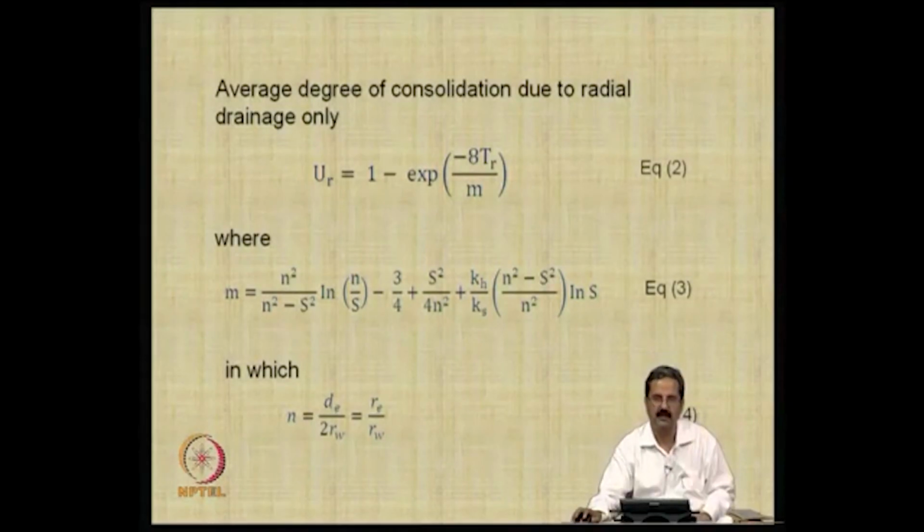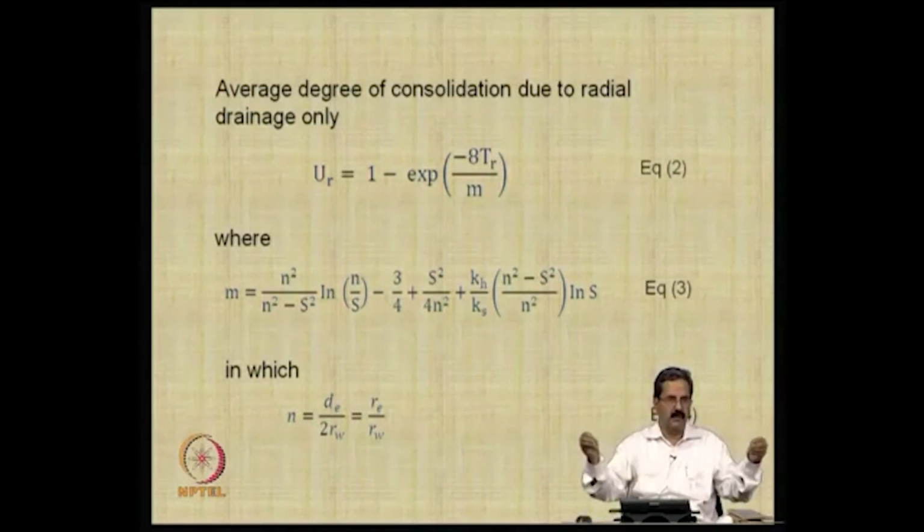And if the horizontal permeability is equal to the vertical permeability, what happens? Normally the horizontal permeability will be higher than the vertical permeability, so that also you can calculate. In fact, we have made some calculations, which I will show you later, where it is a very significant variable, because many of the soils are stratified in nature, and we can't take vertical permeability equal to horizontal permeability; always the horizontal permeability is higher.